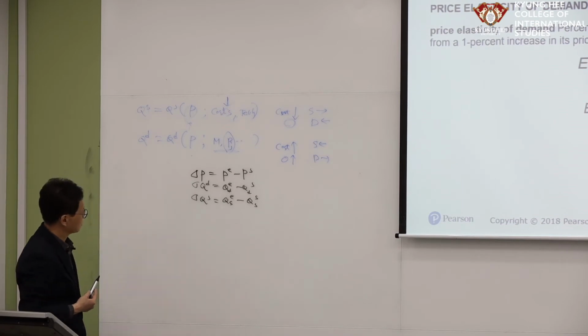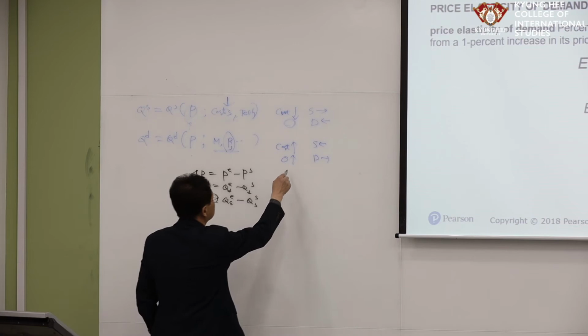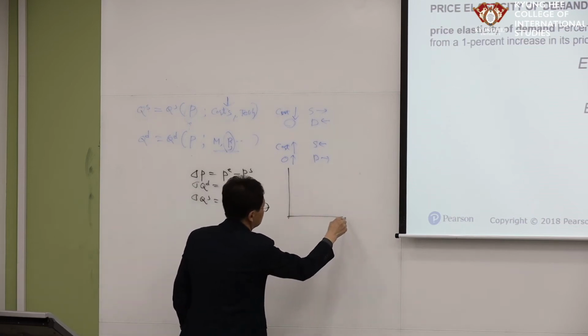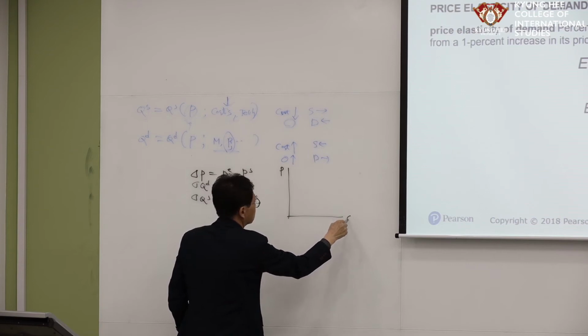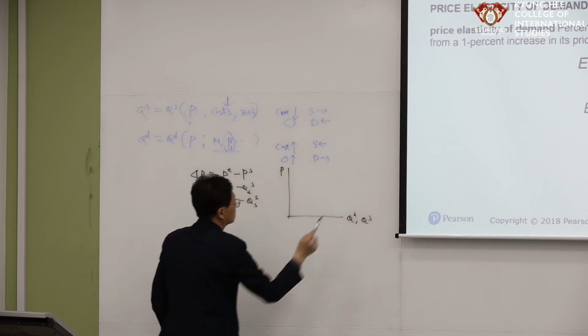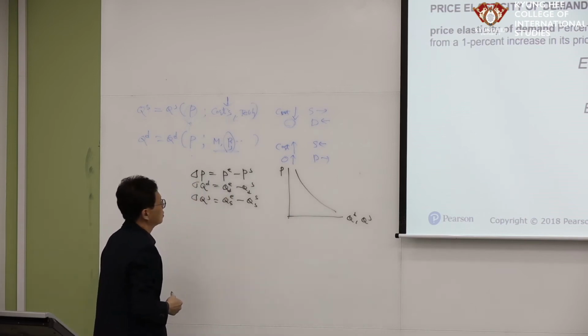And also, what is slope? In a usual economics graph, for example, the y variable is price, and the x variable is quantity demanded or quantity supplied. So the demand curve is like this, right?